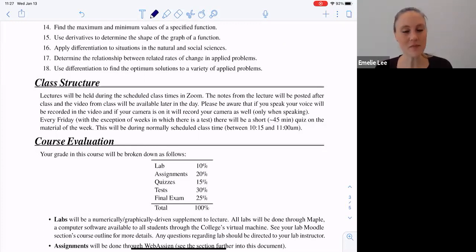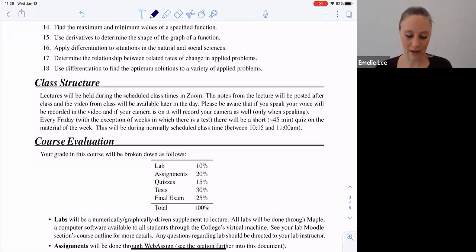And then I'll post the notes and then I'll post the video, but it takes a little bit to process. So it'll be posted later in the day. If you can't make it to class, then watch the video, but it won't be available for a little bit. And a note: if you speak, it'll be recorded. And if your camera's on, it'll be recorded as well.